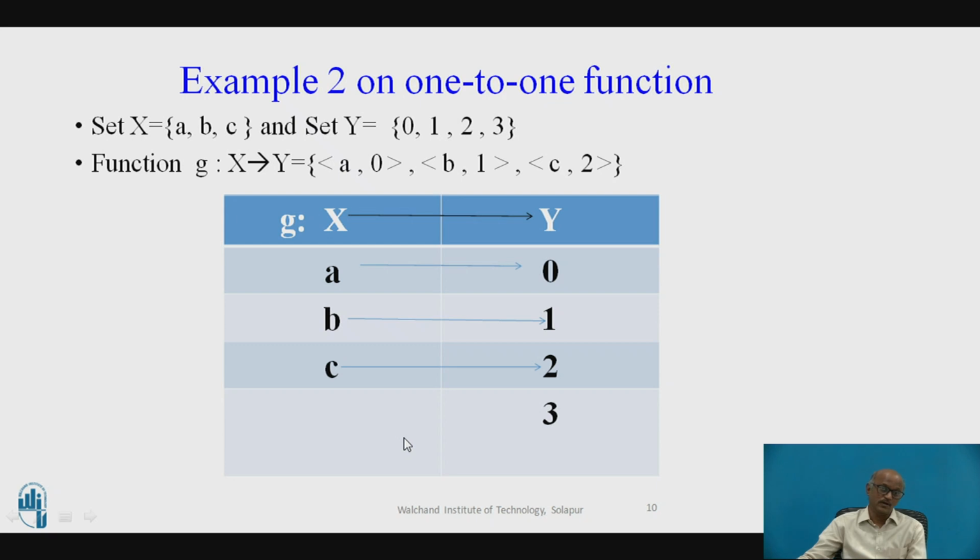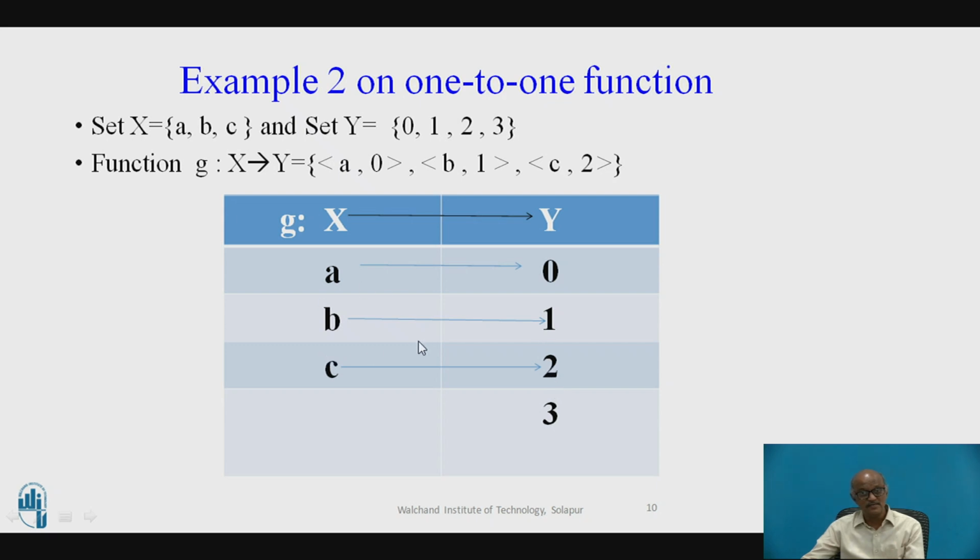Now what about one-to-one? The condition: are distinct elements of set x mapped to distinct elements of set y? a is mapped to 0, and b is not mapped again to 0, it is mapped to a separate element of y, that is 1, and c is not mapped to the earlier values 0 and 1, it has a separate value of y, 2.